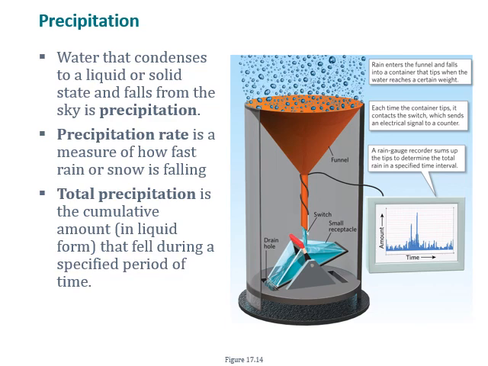Precipitation is defined as water that condenses to a solid or liquid state and falls from the sky. Precipitation rate is a measure of how fast rain, snow, or hail is falling, and total precipitation is the cumulative amount in liquid form of precipitation that fell during a specified period of time.